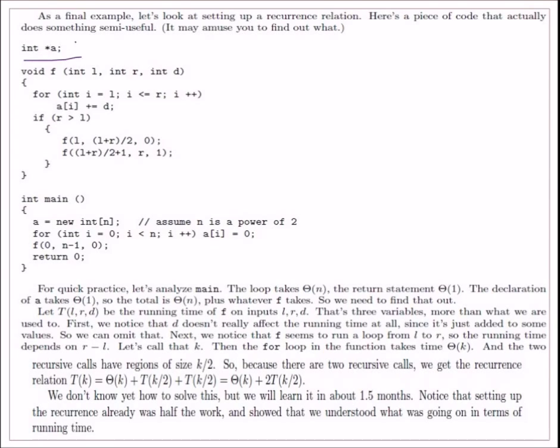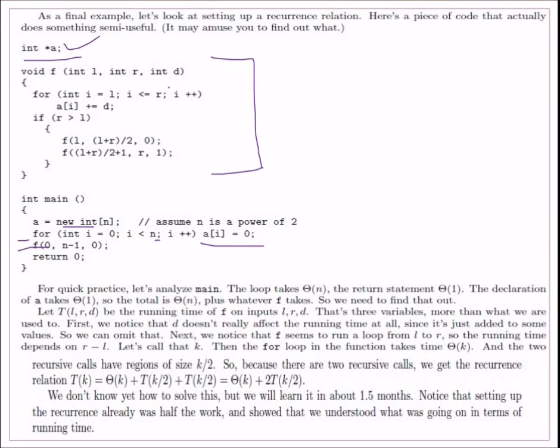For example, if you have some star a, meaning you want to make an array, and this is our recursive function, and in main we are making an array and we are calling this recursive function from a for loop. The for loop goes from 0 to n, and a equal to 0, it always makes it 0 before performing this.